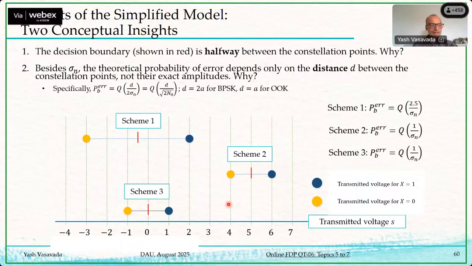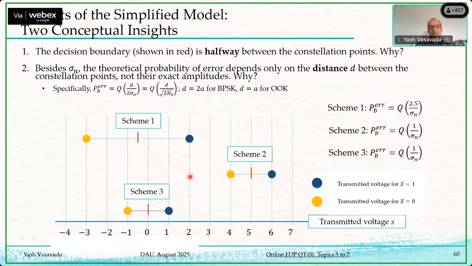What this tells us is that scheme 2 is a bad idea. We shouldn't be doing scheme 2. It is wasteful of the energy that it emits. And communication engineers have thought about it, and they have given us the statement of their observation, which is also evident from this example.